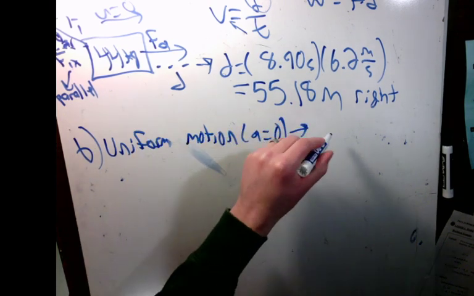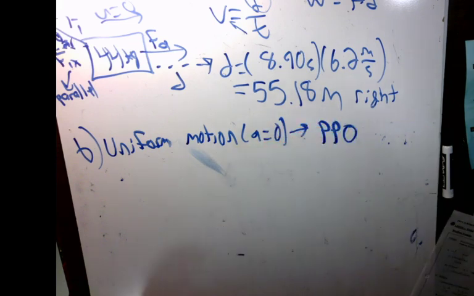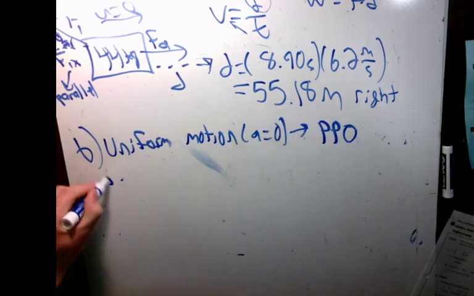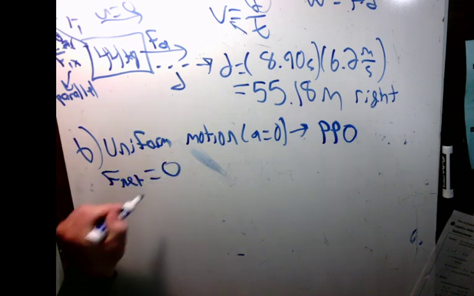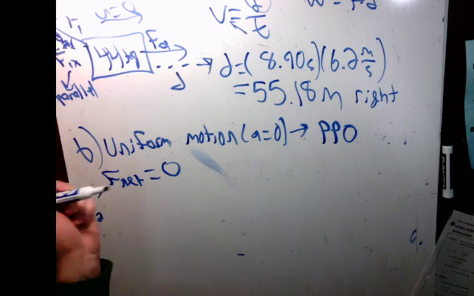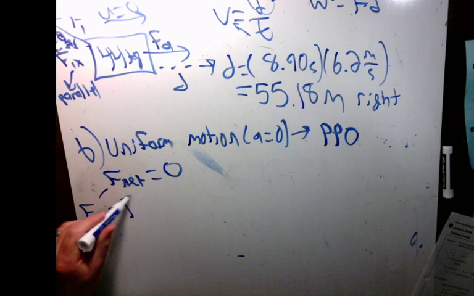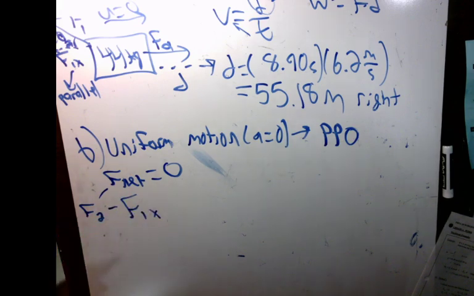So we'll use our principle of physics, Newton's first law. F net is equal to 0, where the net force is going to be our F2 off to the right, our positive one, minus our x component, right? Because that is the component of force 1 that is in the same direction as our F2.